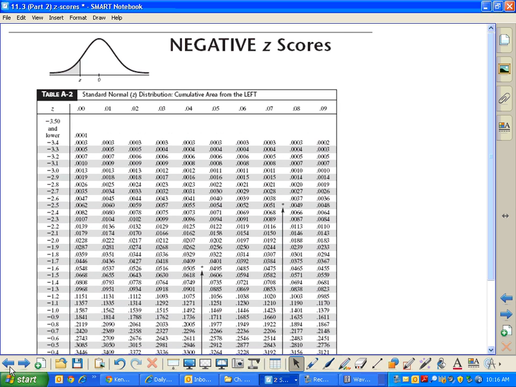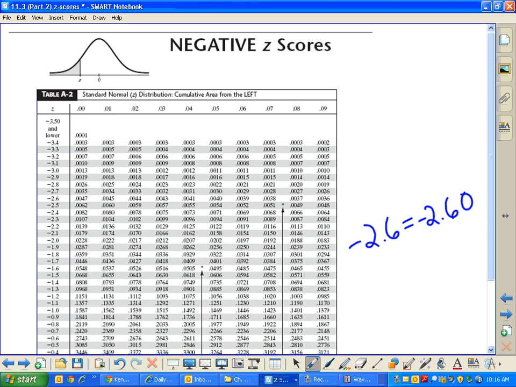If we're looking up a z-score of negative 2.6, you want to keep in mind that your standard normal table will actually calculate percent probability based on a z-score that's calculated out to the nearest hundredth place. So we know that negative 2.6 is the same thing as negative 2.60, right?